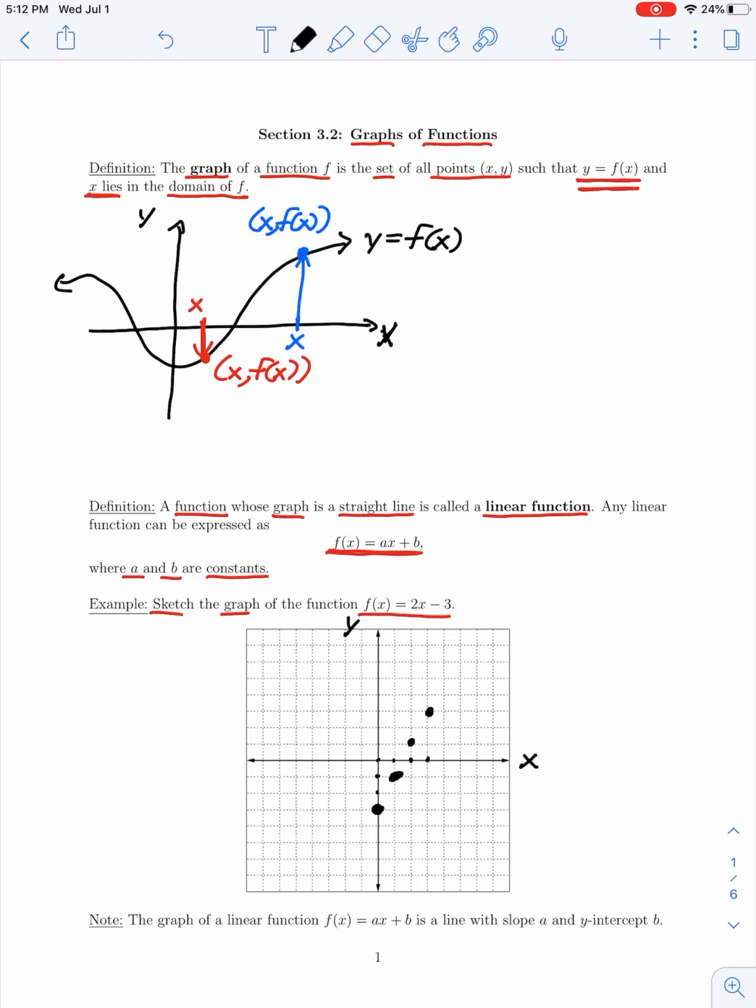And if x were, say, negative 1, if we start moving in the opposite direction, we would have a y value of negative 5. And we start to see our line. So here, connecting our points, we see that our graph is this straight line passing through the indicated points.